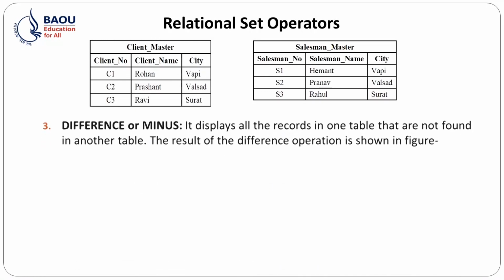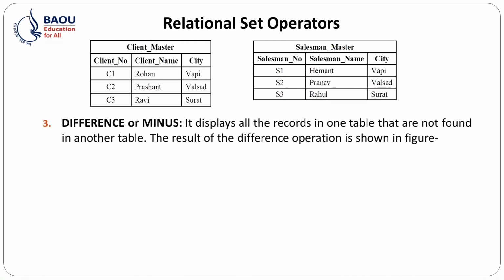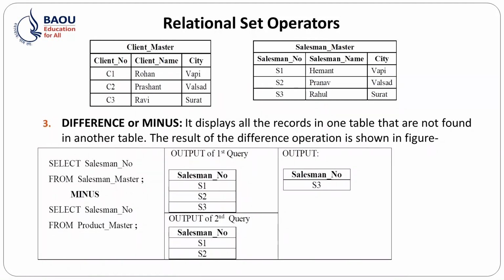Now the next relational set operator is difference or minus. It displays all the records in one table that are not found in another table. The result of the difference operation is shown in the figure. First query is select salesman number from salesman master minus select salesman number from product master.